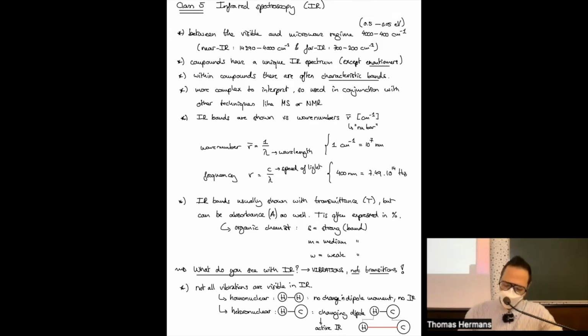There's also two other regimes, we're not going to talk about them. There's a field which is called near infrared, that's 14,290 to 4,000. And there's also something called far infrared, 700 to 200 centimeter minus 1.